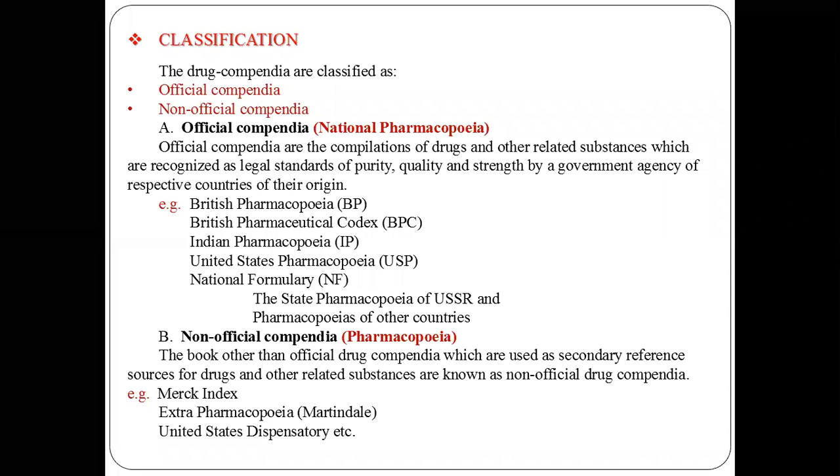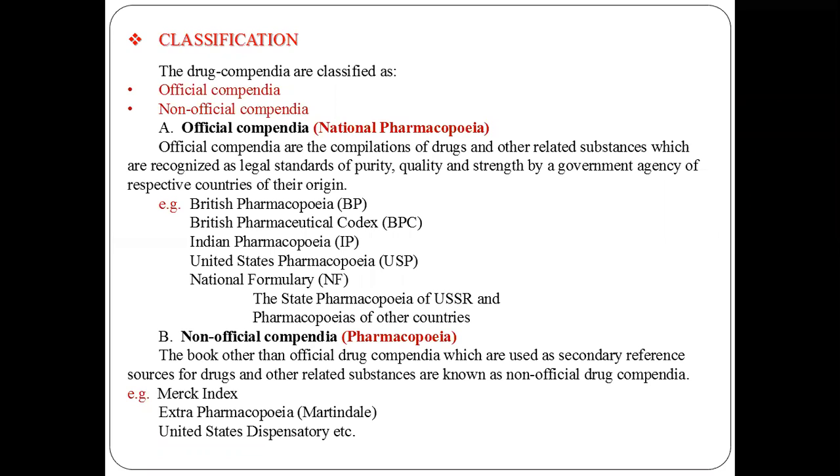So here, your official compendia is nothing but the pharmacopoeia of your country, and there are different examples of that official compendia or official pharmacopoeia, called the Indian Pharmacopoeia, British Pharmacopoeia, then United States Pharmacopoeia. So these are the examples of official compendia, or these are the examples of official pharmacopoeias.